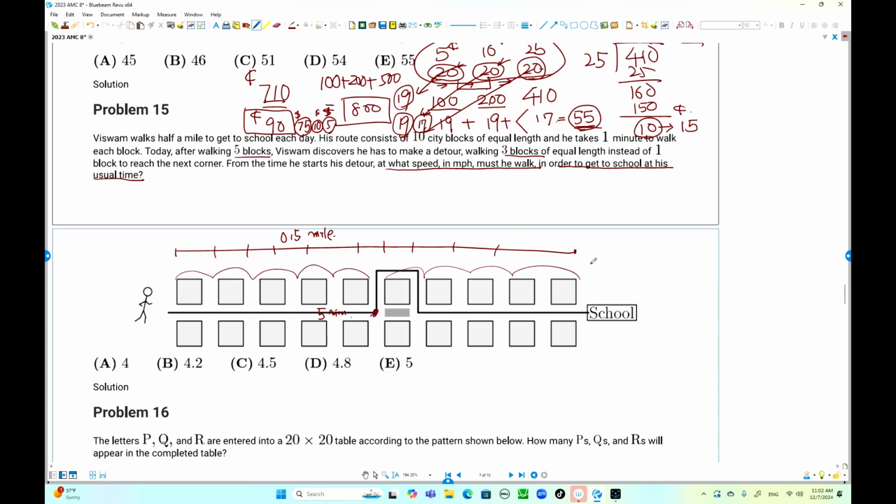From here to here also, about 5 minutes, okay? So total is 10 minutes. What is distance? To find the average speed, distance over time, isn't it? Where is the distance? Each block, when you divide by 10 over here, is 0.05 miles per block, okay?